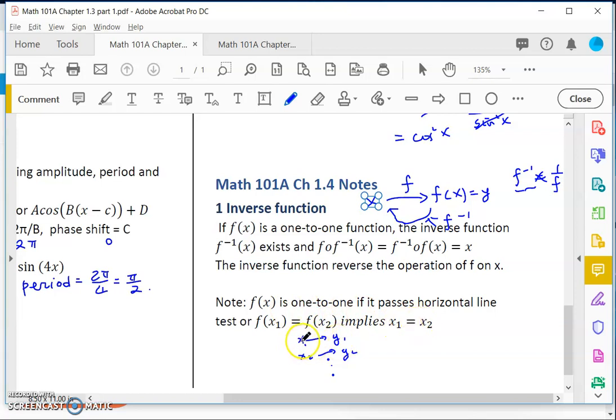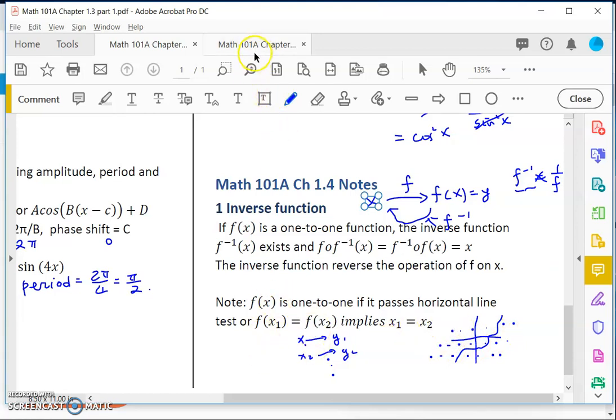It is a unique x that goes to one y. To check if an original function is one-to-one, we can also use the horizontal line test. For example, you have any function like this, and you check horizontally: if you draw any horizontal line, it only cuts the function at one point.